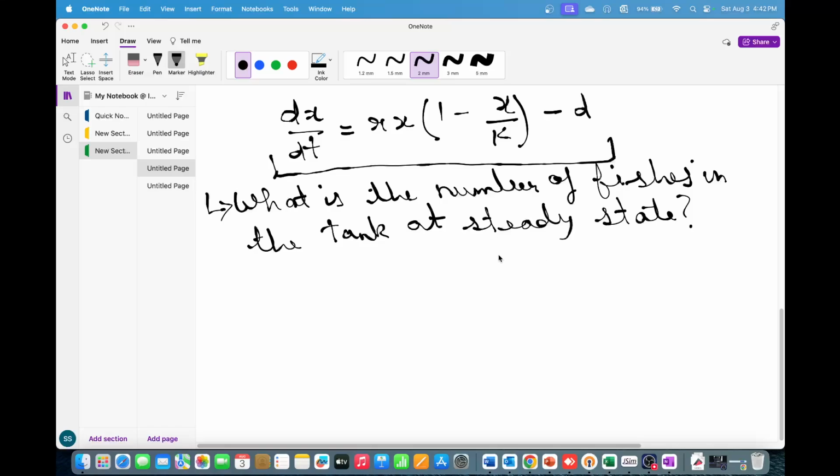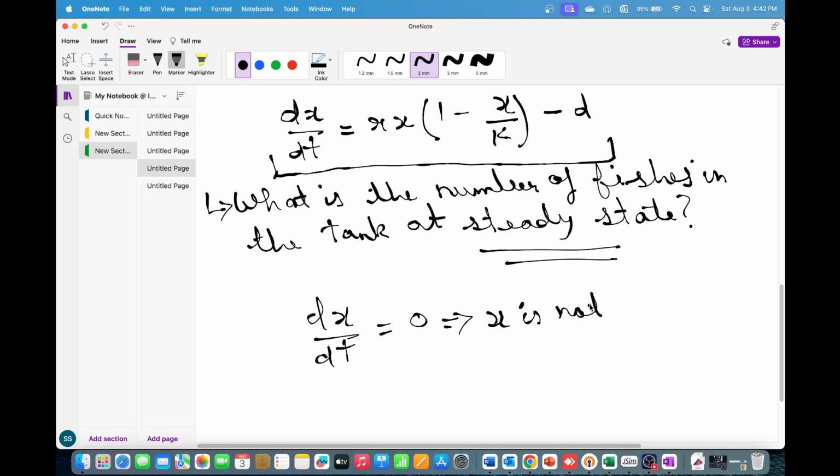First, steady state. How do we define steady state? If you recall, we define steady state as the point at which dx/dt equals 0. What it means is x is not changing with time; it basically means x is constant.